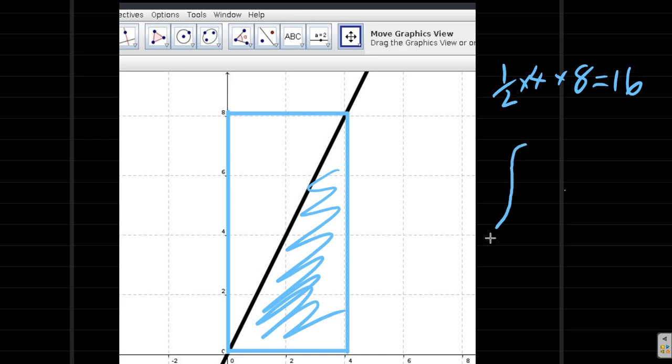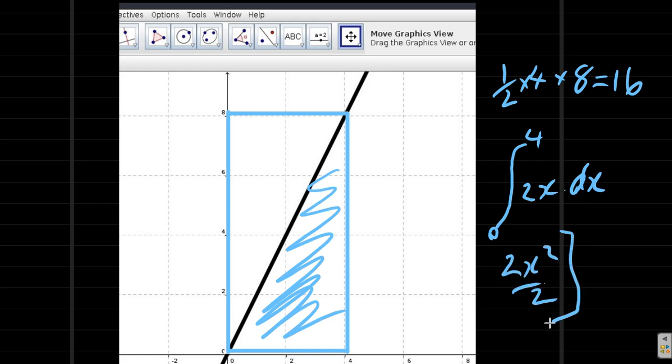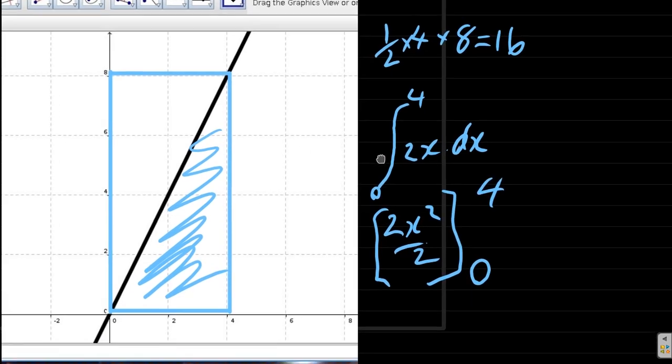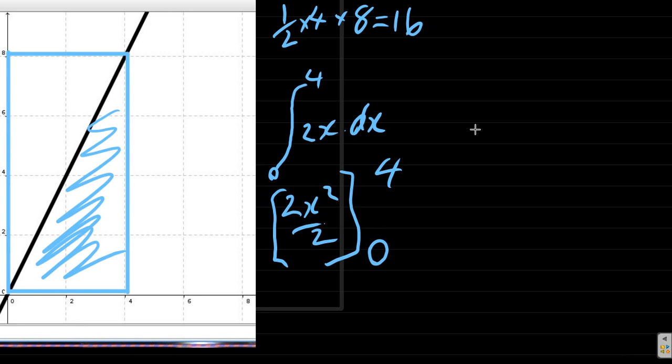Now, if we find the integral from 0 to 4 of 2x dx, we would have 2 times x squared over 2, which of course would go from 0 to 4, and then the 2 cancels 2, so it's 4 squared minus 0 squared, and that would be 16 minus 0.